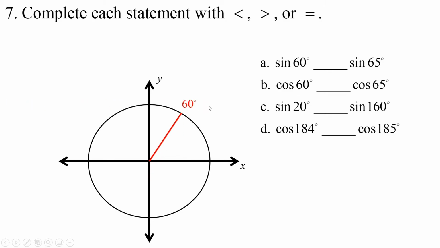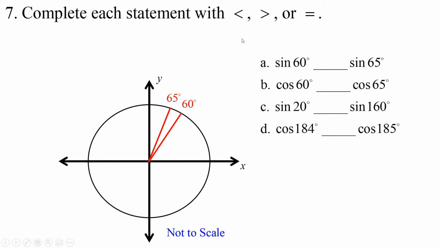I'm not going to do this to scale because I want to exaggerate a few things. So, not to scale here, because I need now a 65-degree terminal ray, and I'm going to exaggerate that a little bit. There you go, right there. Now remember what we were just talking about on the previous slide, how sine measures a vertical distance from the x-axis, and cosine measures a horizontal distance from the y-axis.